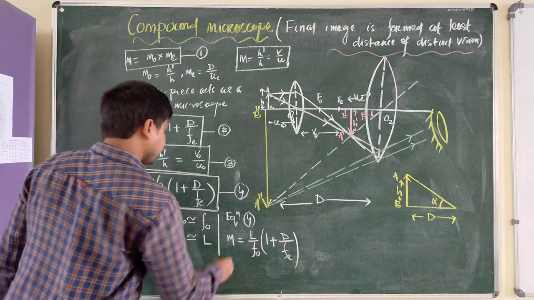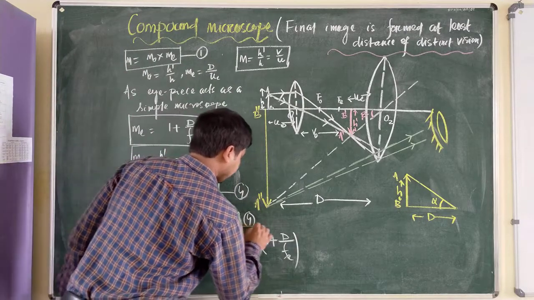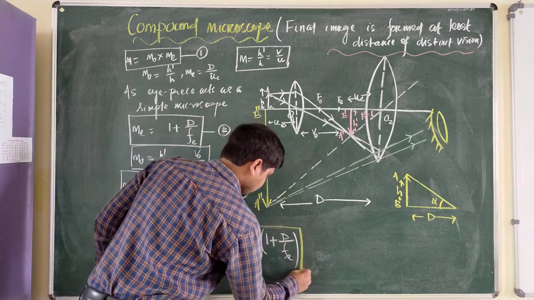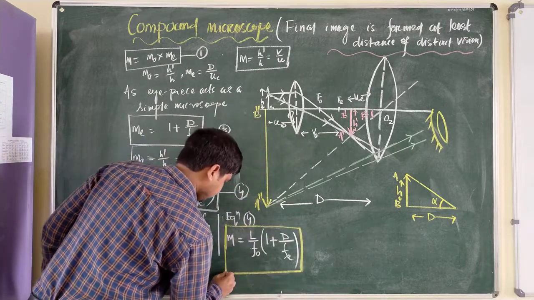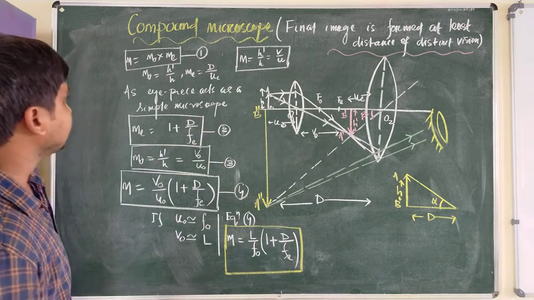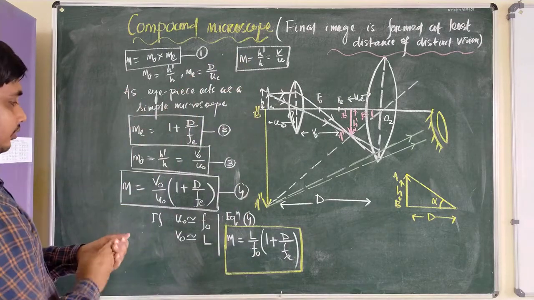So this is the magnification of the compound microscope, where the final image is formed at the least distance of distinct vision.